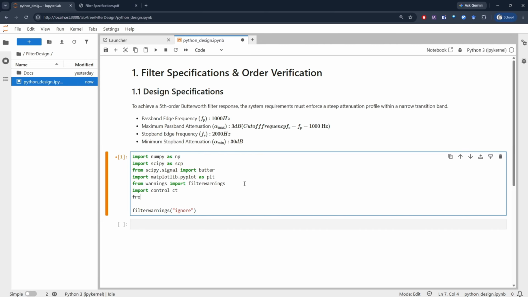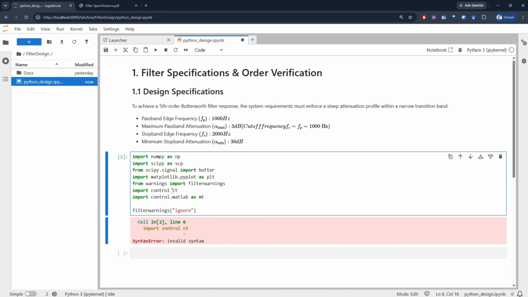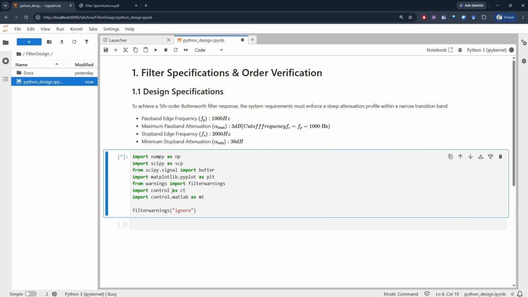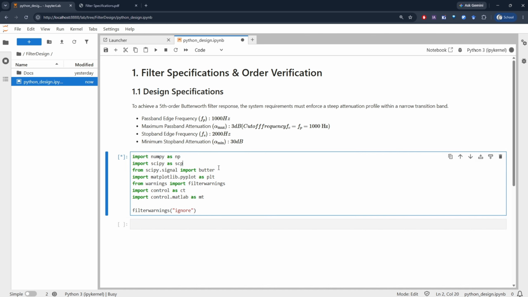Then I'll just import control.matlab as ct. After installing this, I think I have a butter order. Let me check to get the order of the filter.